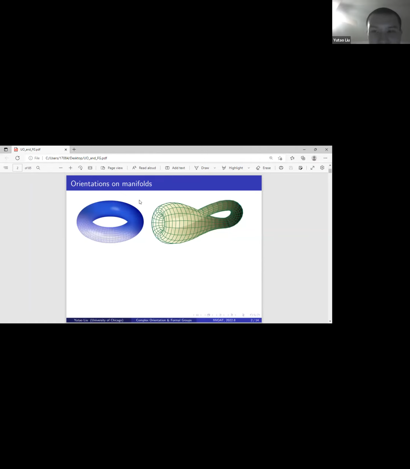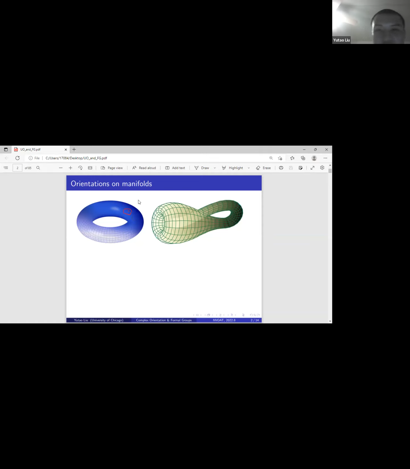So to make this idea more precise, if you consider any point on the torus, then the local orientation at this point is basically the orientation of a small neighborhood object, which is homeomorphic to an n-dimensional disk if your manifold has dimension n.